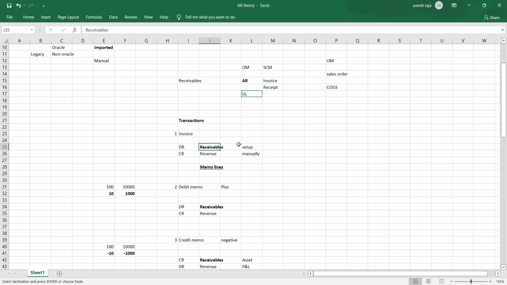This is the accounting entry, and I am asking whether it is correct. Yes, correct. So what is happening when the sales is booked? This entry is generated. Debit AR, receivable, and credit revenue.